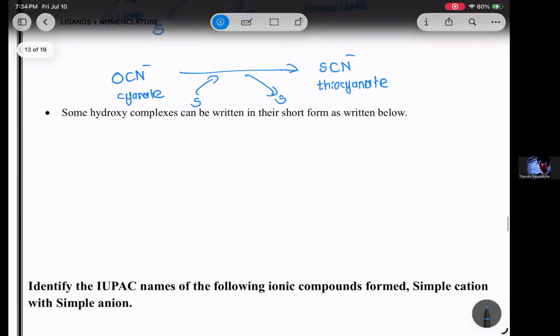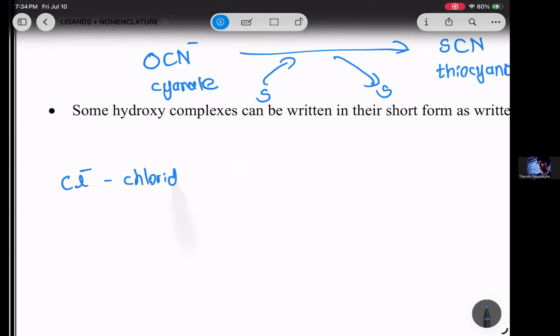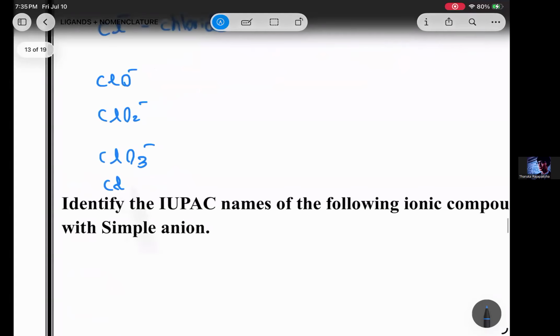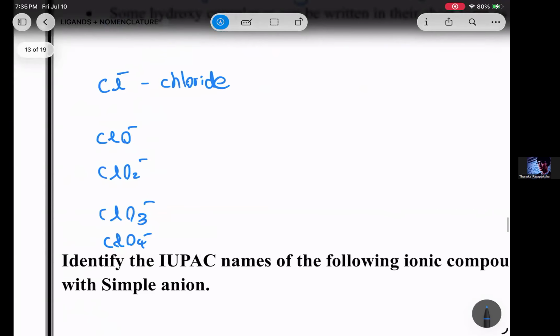Then ClO minus, ClO2 minus, ClO3 minus, ClO4 minus. ClO2 minus you write as chlorite, and ClO3 minus is chlorate. That is easy. Higher oxidation number is chlorate, lower oxidation number is chlorite.